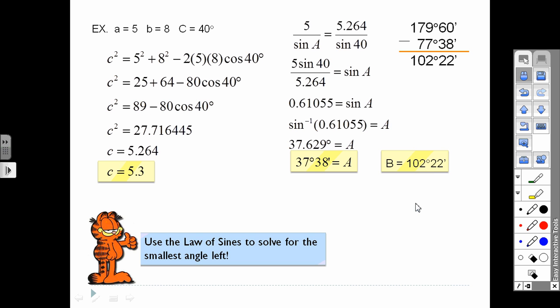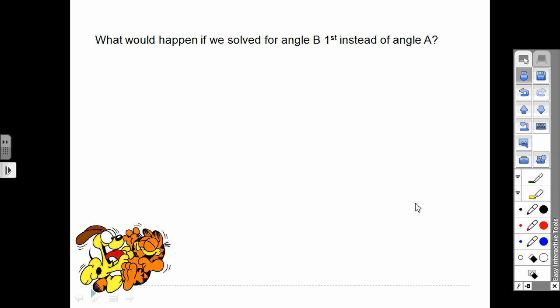All right, so here's a question for you. What would have happened if we solved for angle B first instead of angle A? It's actually kind of interesting. All right, well, let's work it out. If we had solved for angle B first, that would have been 8 over the sine of B is equal to this big decimal divided by the sine of 40.